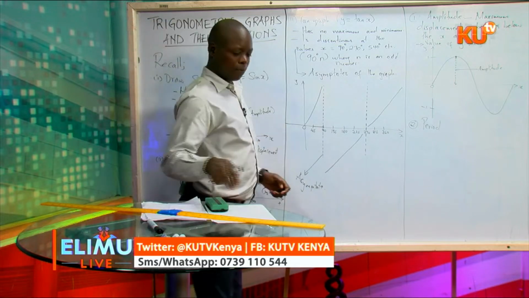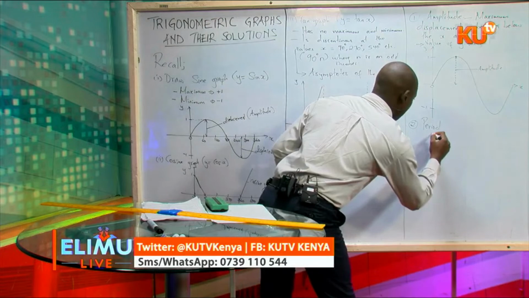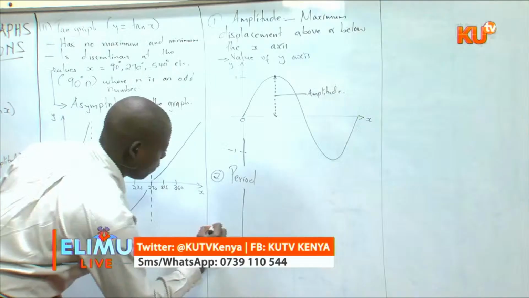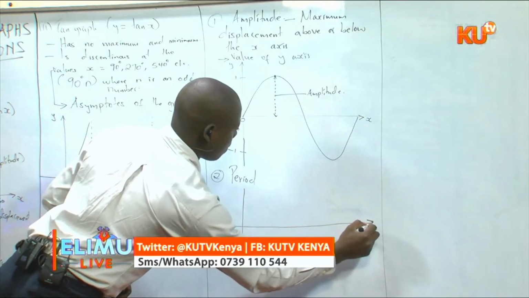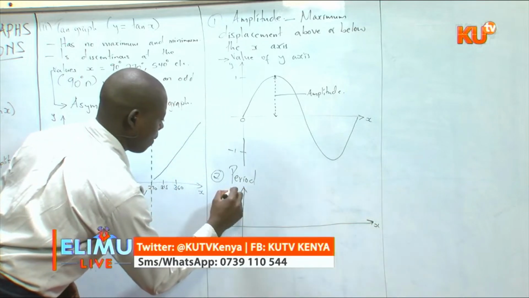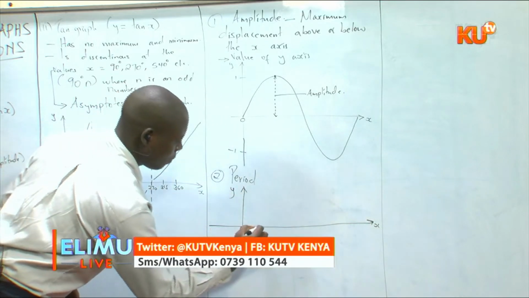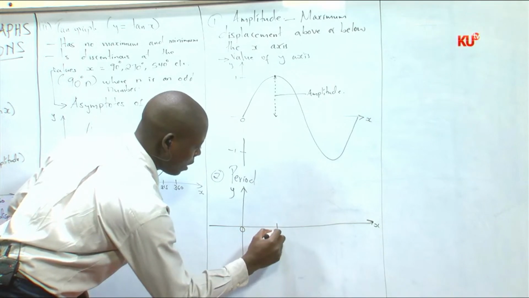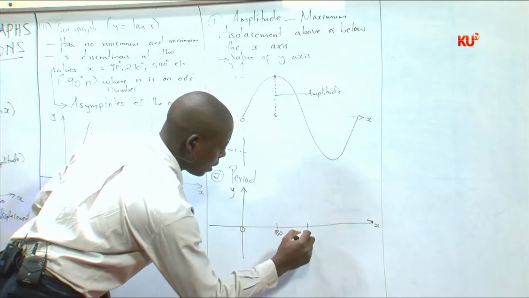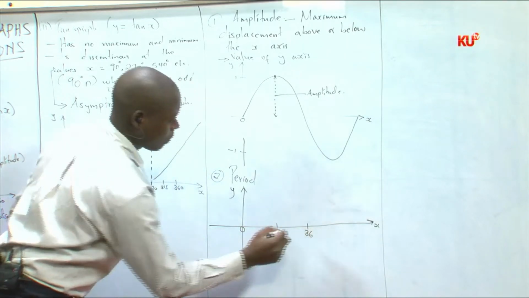In case of a curve of this kind, if this is my x and this is my y, then I have 0. Let's put here 180, then put here 360.